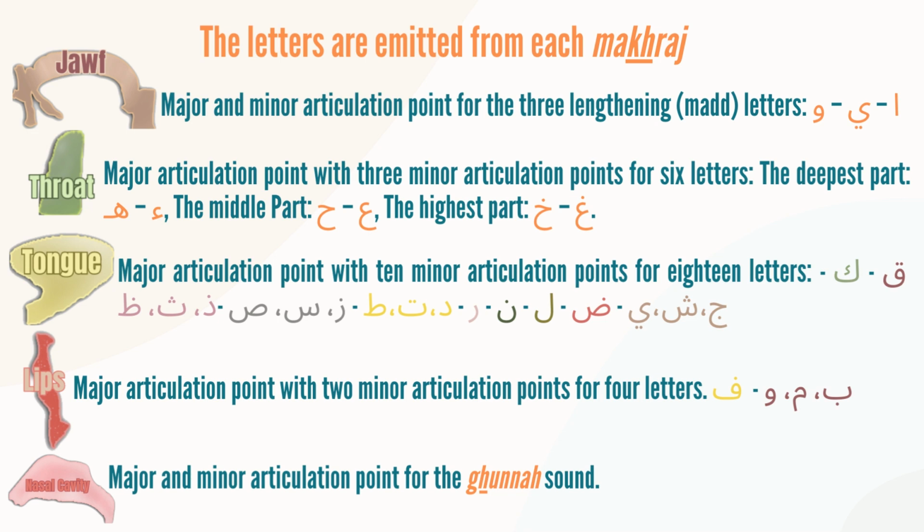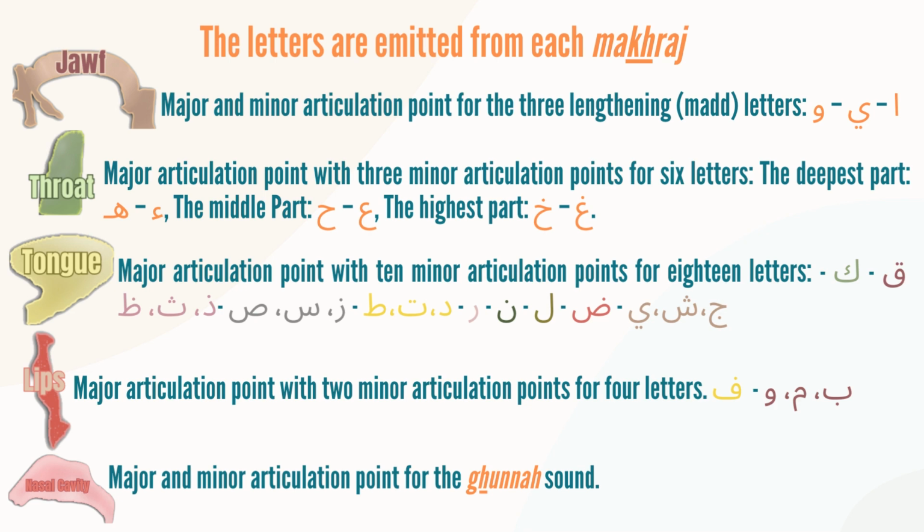For the 3 lengthening letters, which are the vowel alif preceded by fatha like in qala, the vowel ya preceded by kasra like in qila, and the vowel waw preceded by dhamma like in yaqulu. And this is an approximate major articulation point, major and minor at the same time.